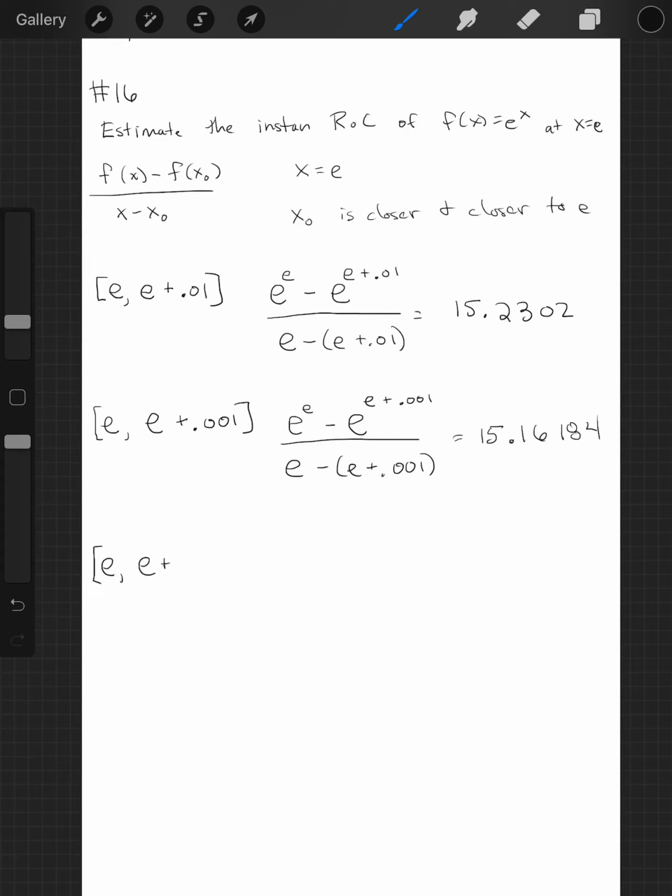Right, there we go. Then we can keep going a little bit further because it doesn't really look like it's settled down at all yet. So we get f of x, f of x naught, x minus x naught, and we get that.